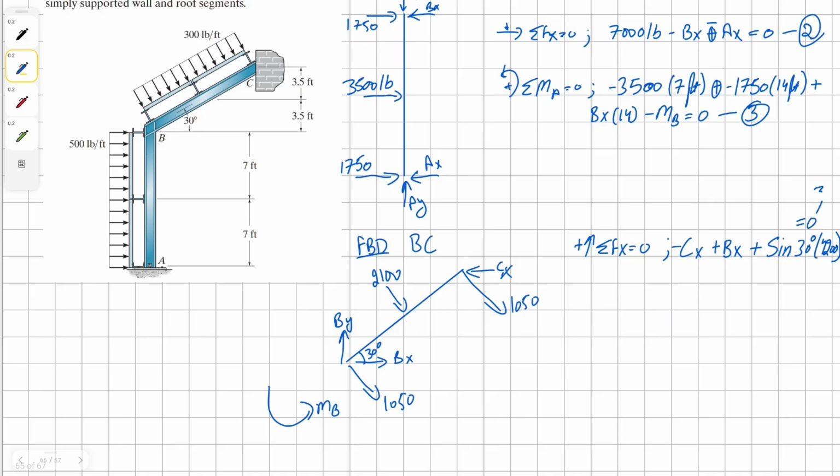This is going to be our equation number 4. Then we're going to sum the forces in the y direction. Going to have By, then negative cos 30 times 4,200 equal to 0. Cos 30 times 4,200 is equal to 37.307.